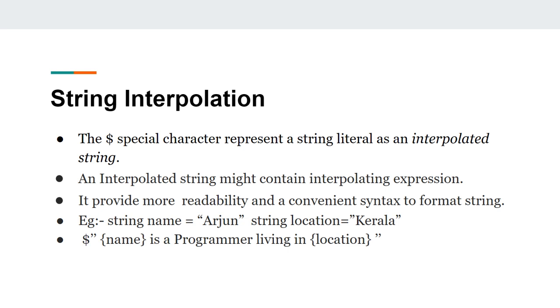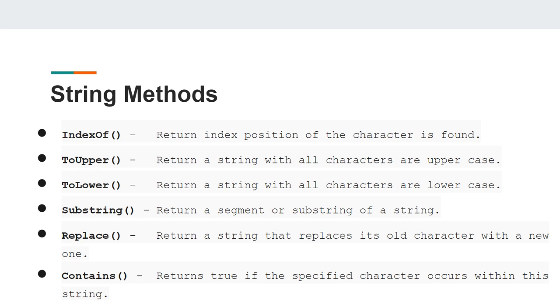Now we have to look at the next topic, string methods. There are a lot of string methods available in C#, but we will only go through a few of them. The rest of them you can learn from the Microsoft official website. IndexOf is a function which returns the index position of the character passed to the function. ToUpper is a function which returns a string with all the characters in uppercase.